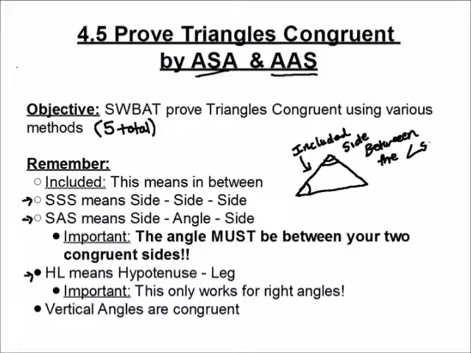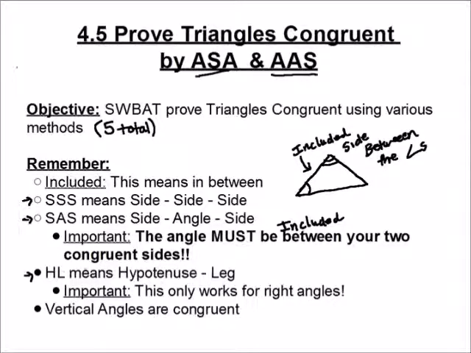Let's see. Side, side, side. SSS. That means you'd have to prove all 3 sides congruent. Side, angle, side means obviously SAS. You have to prove 2 sides and one of the angles, and the angle must be in between. It must be included, between your 2 congruent sides.